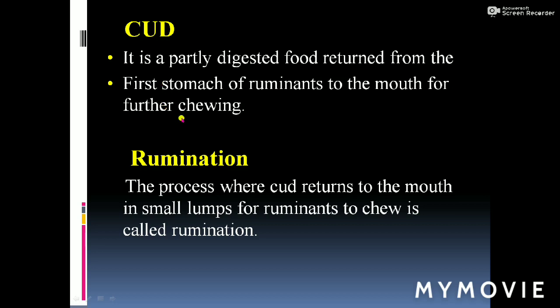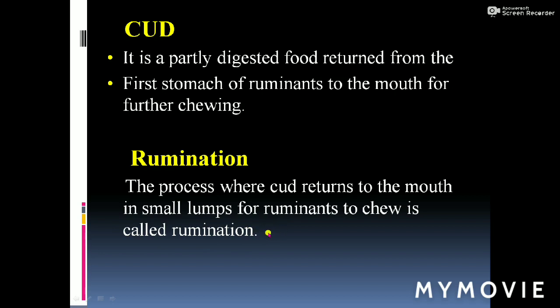That's why I have given you to know about rumination. What is rumination? The process where cud returns to the mouth in small lumps for ruminants to chew is called rumination. You will always find that if the cow is sitting, its mouth is always moving in a chewing condition.